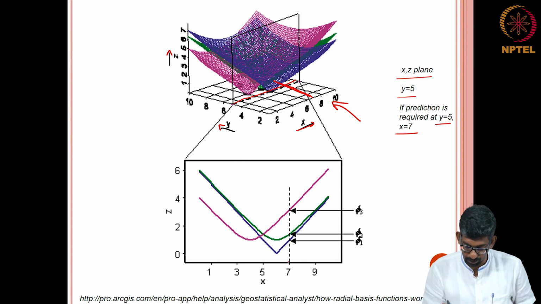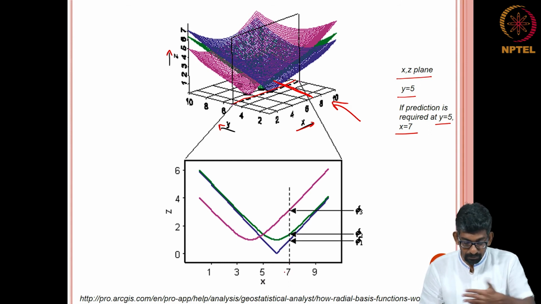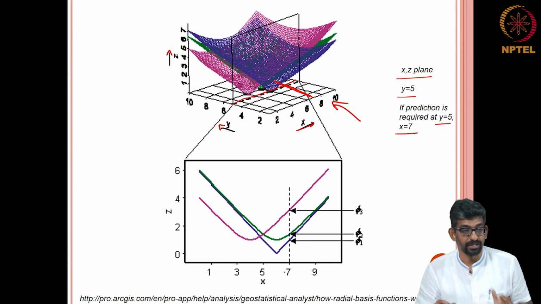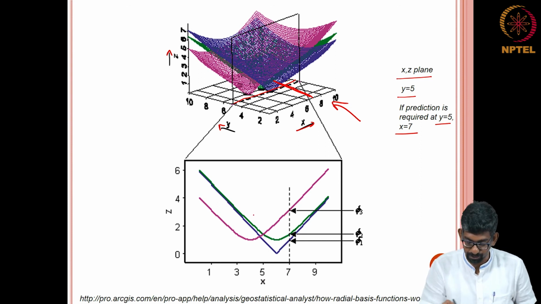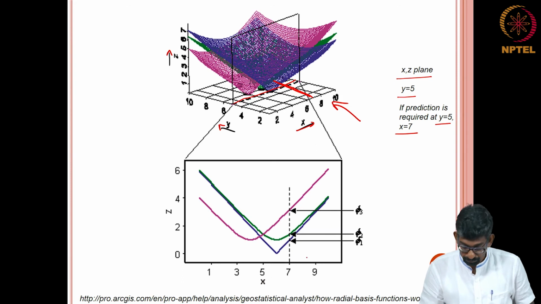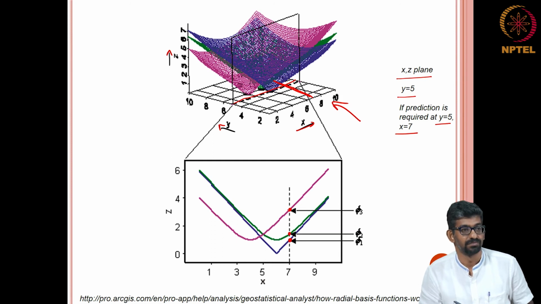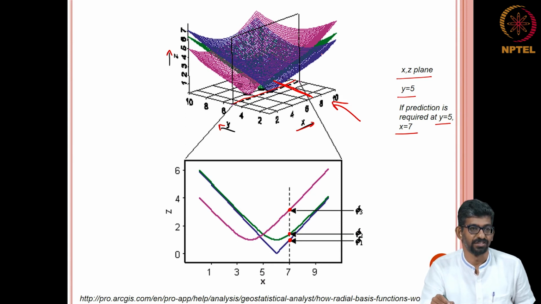I am putting the plane at y equal to 5, and that is what I get, and then I take x equals 7. So, what will be my final value of the function? It will be a sum of these. If I add all these 3 functions, I will get the representative function in space. Agree, right?